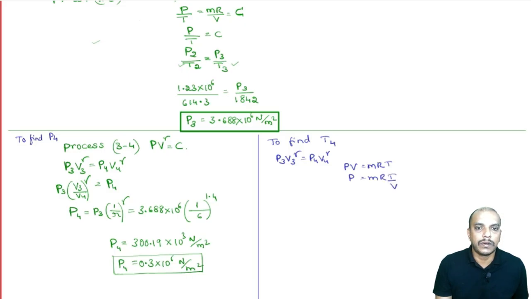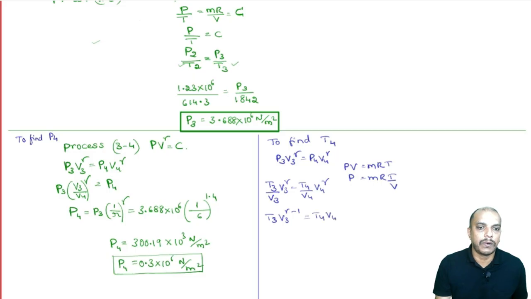mR gets cancelled out, so in place of pressure, it is simply T3 by V3 times V3 power gamma, equal to T4 by V4 times V4 power gamma. The V3 power gamma goes to the top, and if you add the powers, it is V3 power gamma minus 1.